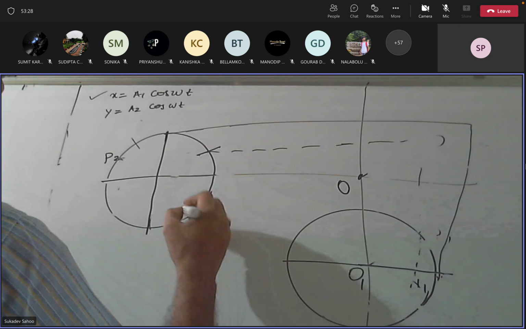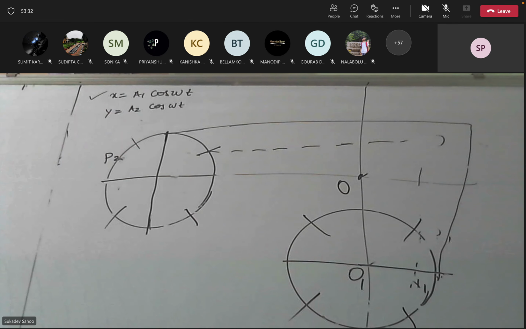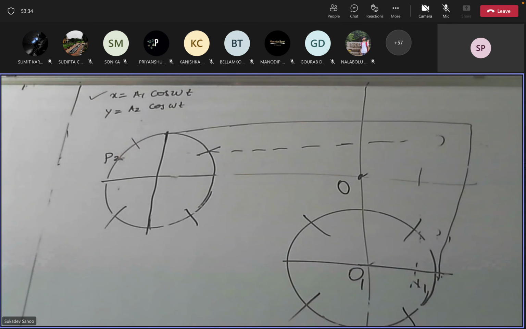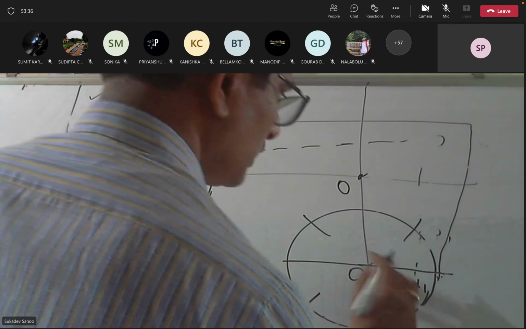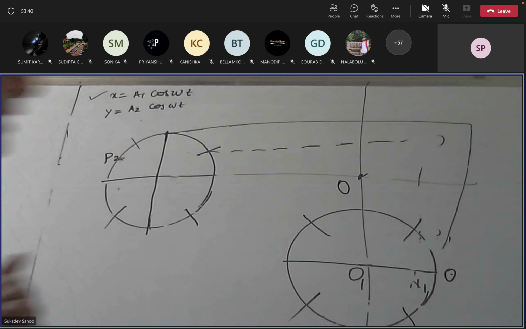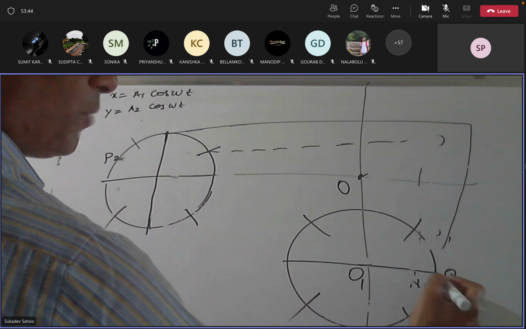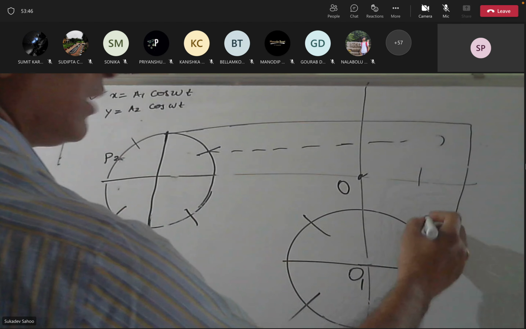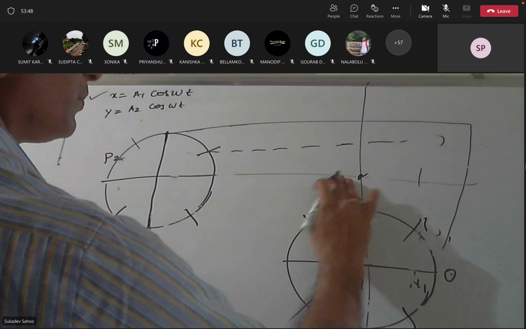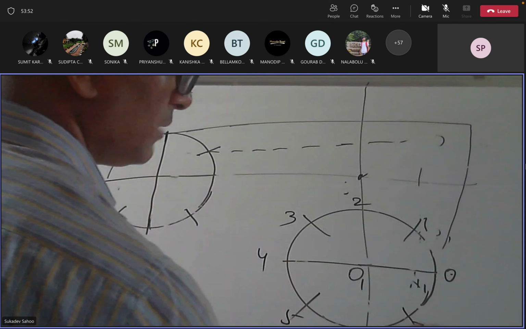Now you can divide each one into 8 parts. Since delta equal to 0, the numbering will start from when omega t equal to 0. This reference is parallel to the x-axis, omega t equal to 0. Then 1, 2, 3, 4, 5, 6, 7, 8.